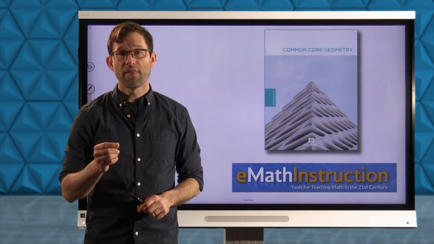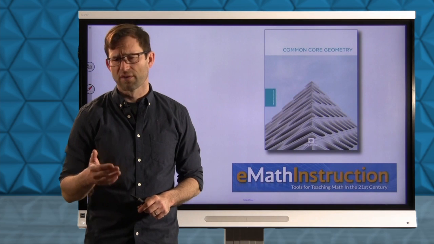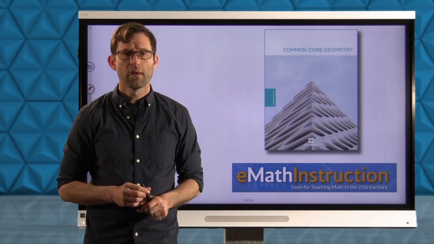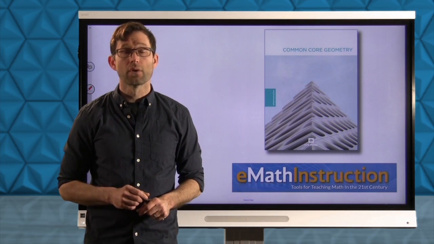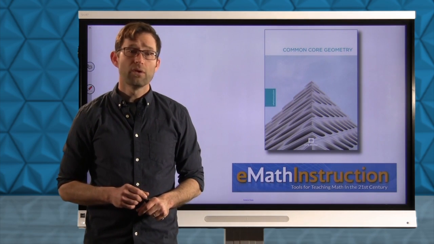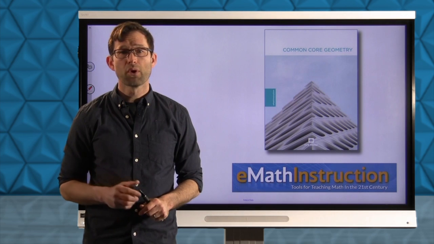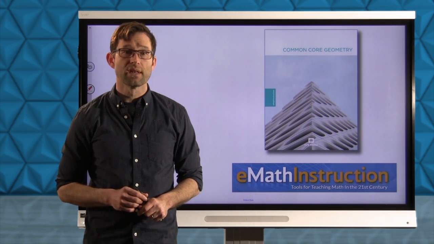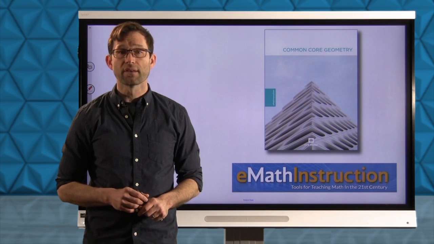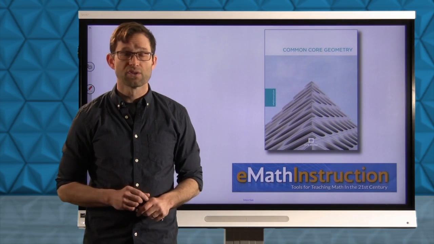To find that circle, or to construct that circle, so to speak, means that we take the triangle and we find the perpendicular bisector of two of its sides. When we do that, the intersection point of those two perpendicular bisectors is the circumcenter because it is equidistant, the same distance, from all three vertices.